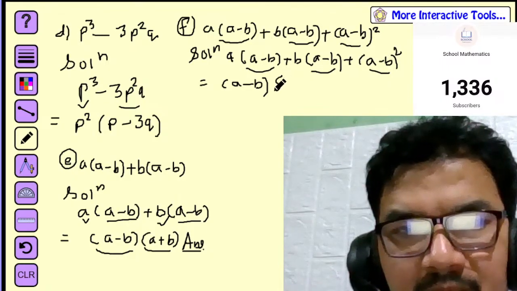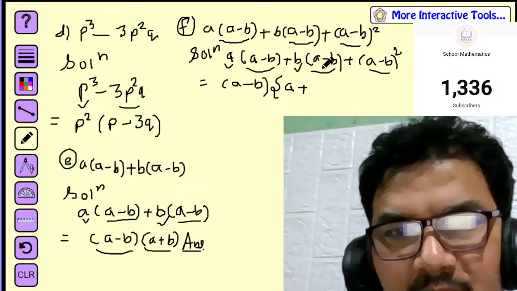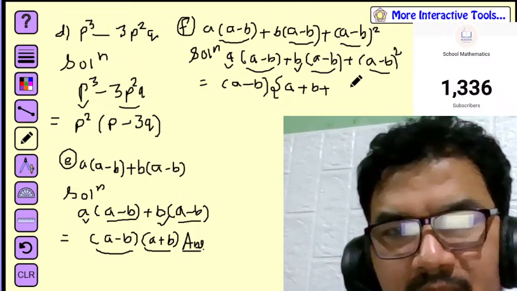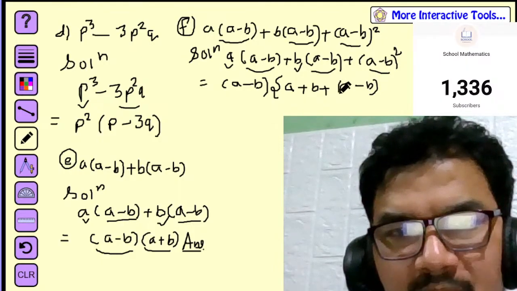Then here remaining is a, and plus here remaining is b, because we have taken just a minus b common. And plus the last one, here remaining is a minus b, because there was a minus b whole square, so one a minus b is remaining here.